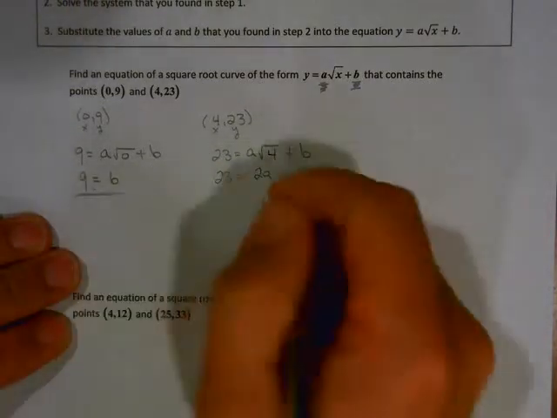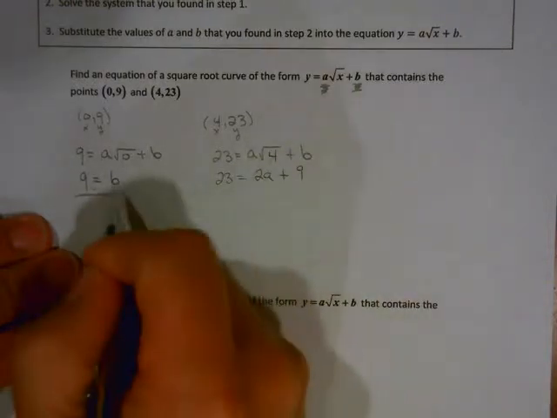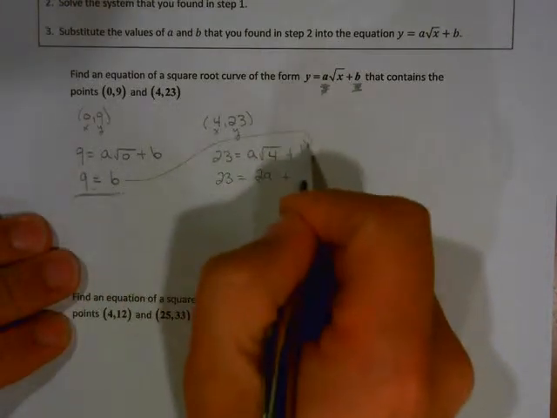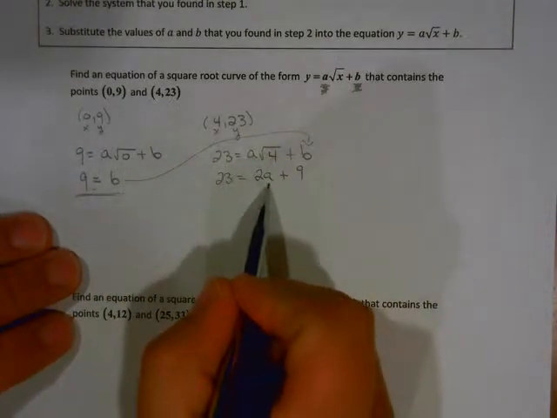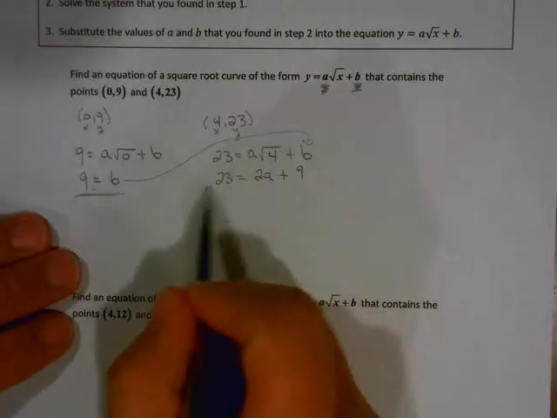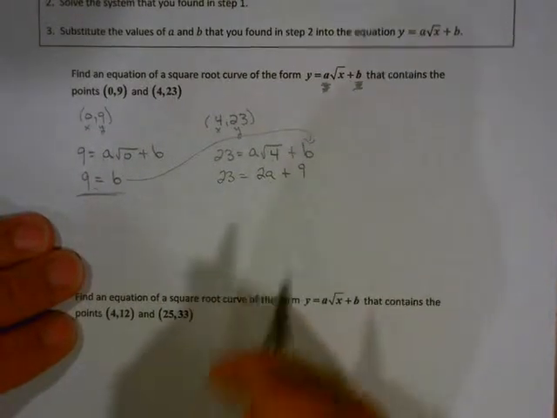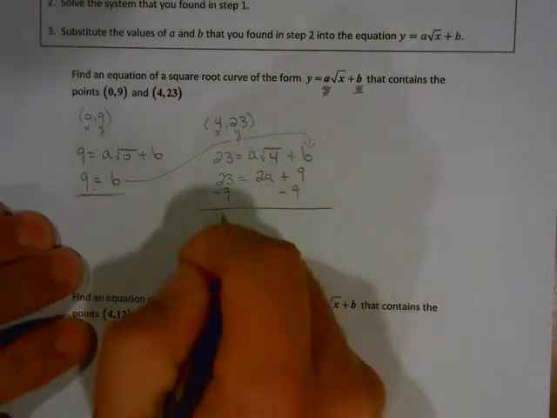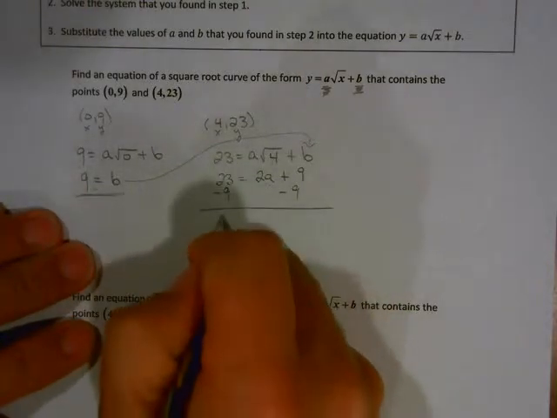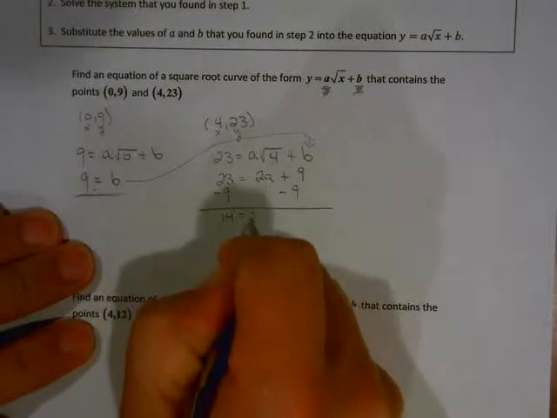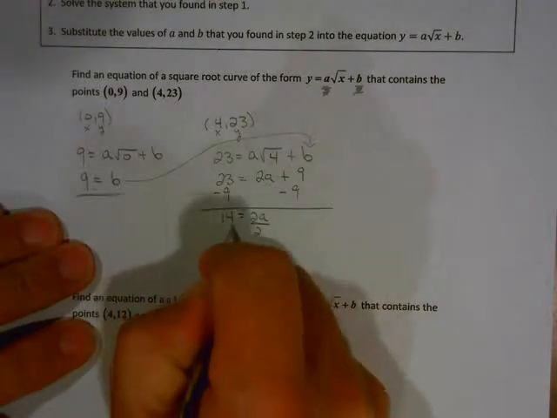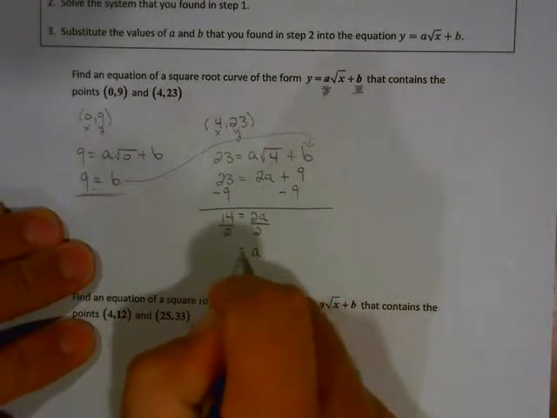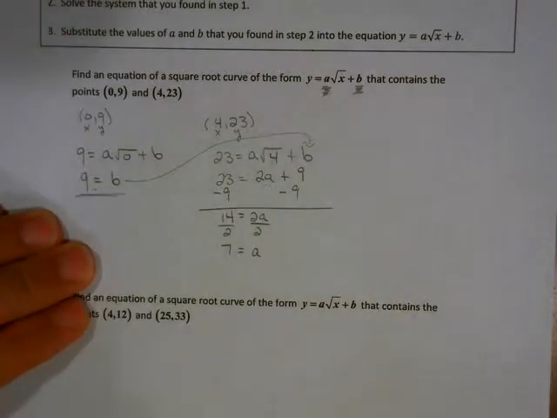Remember, we already found that, that's 9. So we're going to plug this in over here, and notice our result: one equation with one unknown. We can solve for a. Subtract 9, and we get 14 equals 2a, divide by 2, a equals 7.